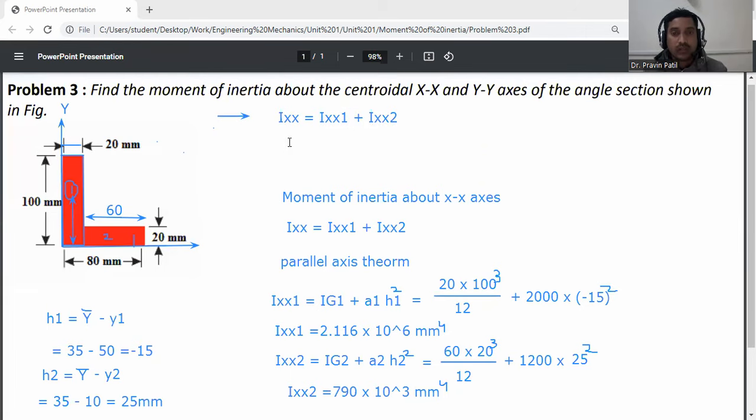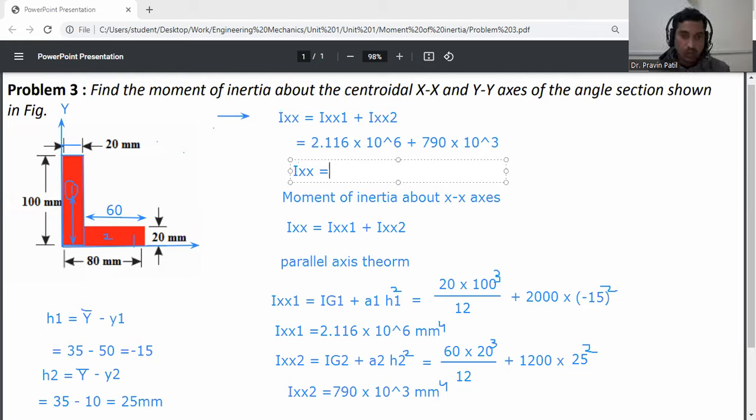So Ixx1 is 2.116 into 10 raised to the power 6, plus Ixx2 which is 790 into 10 raised to the power 3. From this relation, the total moment of inertia Ixx is 2.119 into 10 raised to the power 6 plus 790 into 10 raised to the power 3.